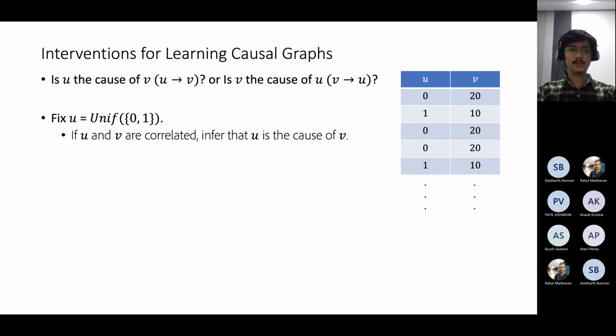What we can do is, let's say we are able to fix u to a uniform distribution, taking value 0 or 1 with equal probability.